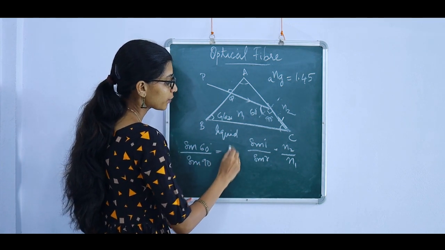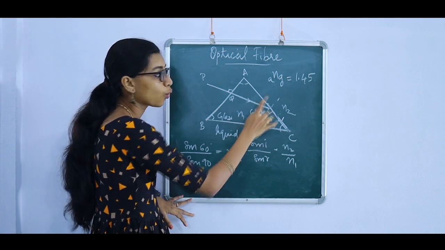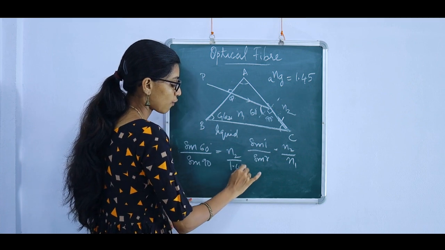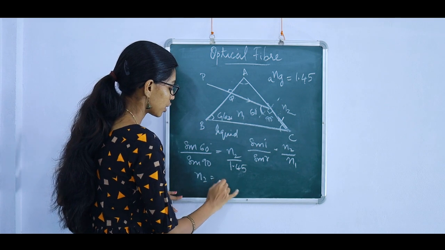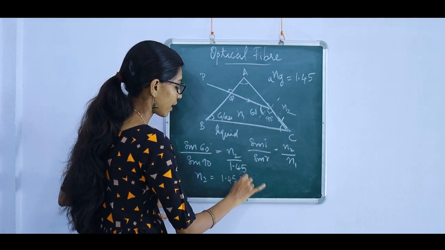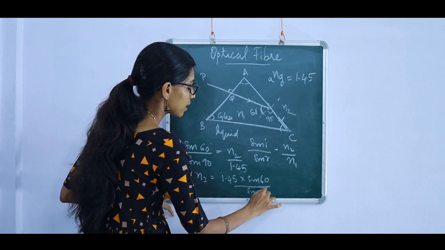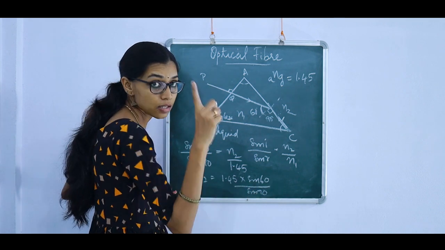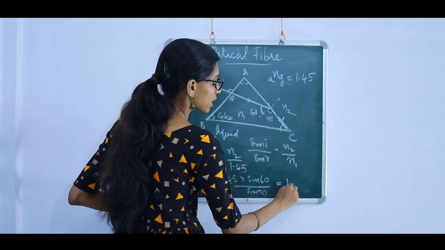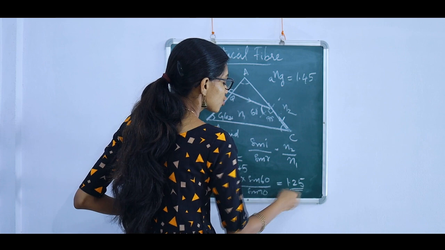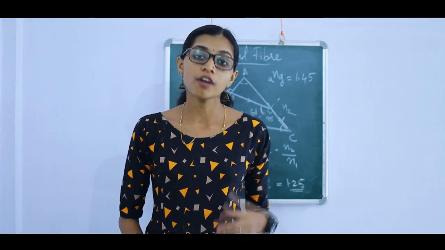This is equal to N2, which we have to find out. N1 we know, that's given, 1.45. So N2 will be equal to 1.45 into sin 60 by sin 90. Sin 90 is 1. So 1.45 into sin 60, and this will come to 1.25. So 1.25 is the refractive index of the liquid.